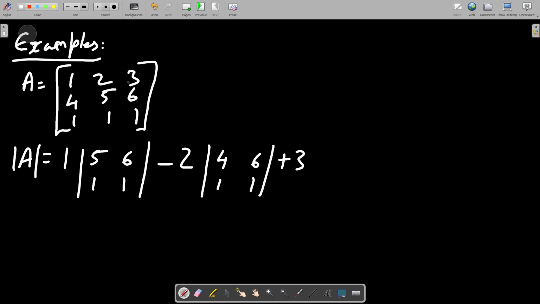This number is 3 over here. Then delete the row and column which contains 3. So first row is gone, third column is gone. What remains is 4, 1, 5, 1.